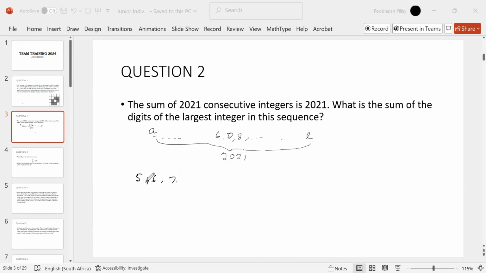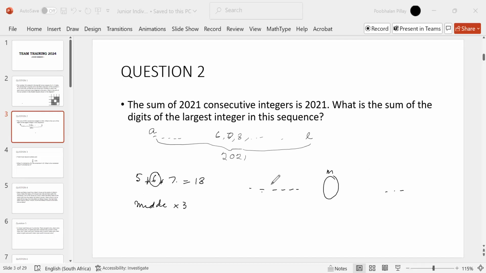We know that when you add these, you're going to get 18, which is the same as the middle number times 3. So the sum is equal to the middle number times 3. So if you've got 2021 numbers altogether, the middle number, right? Let's call it M.